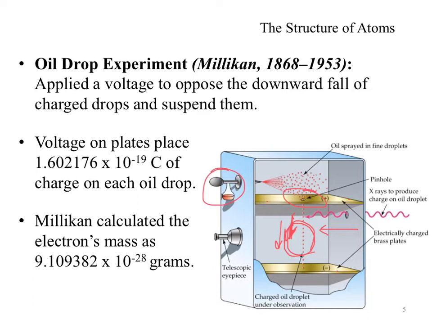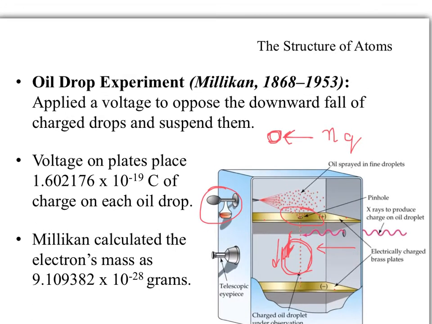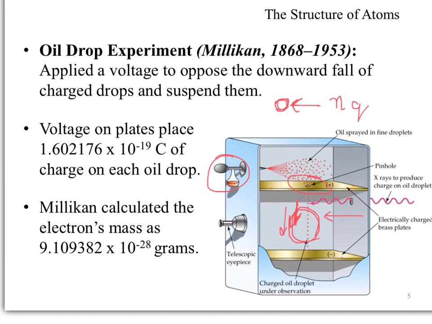Since each drop has been ionized by the X-ray, the amount of charge it carries is going to be a whole number multiple of the amount of charge that an electron carries. And indeed, he found the charge to be 1.60 times 10 to the power of negative 19 coulombs.